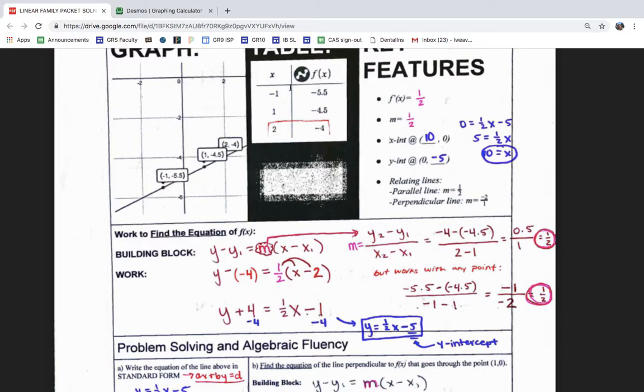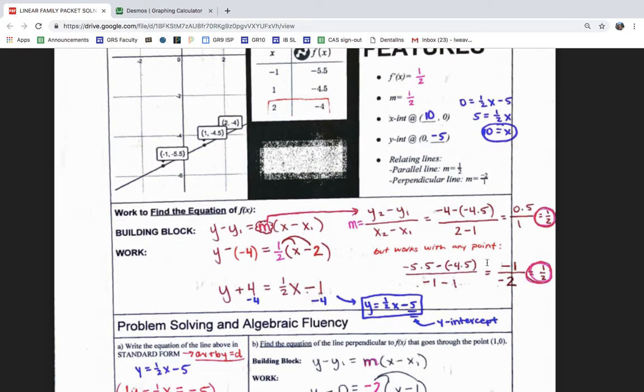I pick any data points I want. I think it would be easy to use one that doesn't have a decimal in it, and then I'll use the one right above. So I have y minus y, careful, minus a negative. That becomes negative 4 plus 4.5, which is positive 0.5. And then x minus x, 2 minus 1 is 1. So that is 0.5 divided by 1, which is just 1/2.